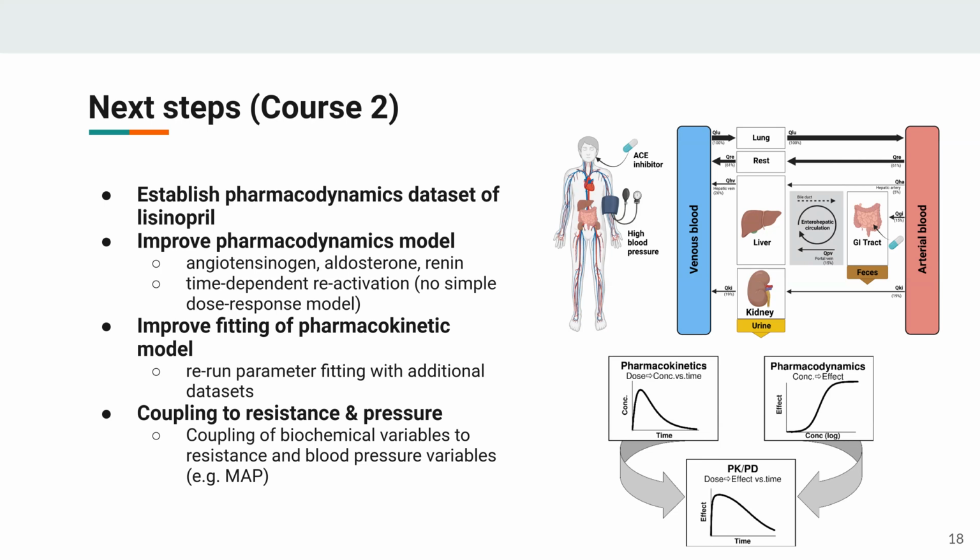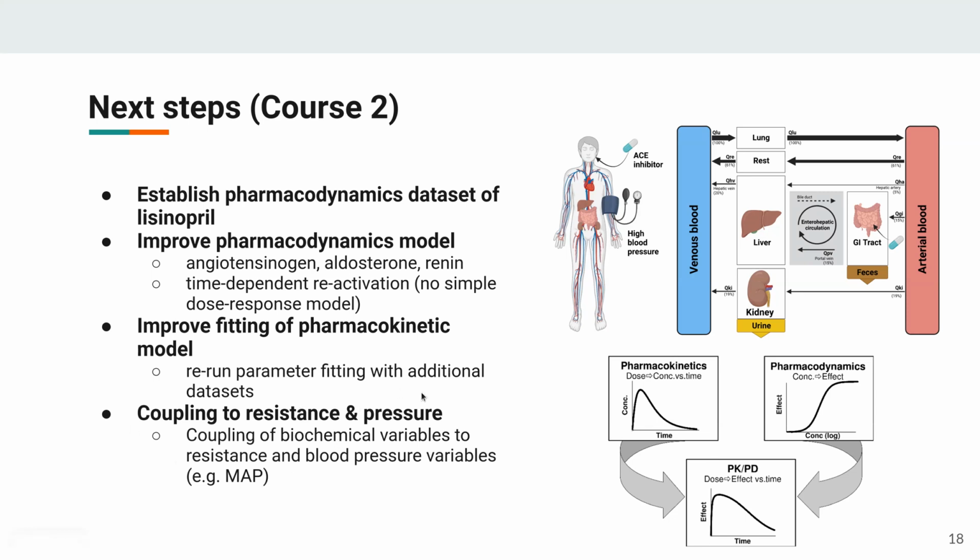Either you have a bit of lisinopril over the threshold, over this IC50, and then you have almost 100% inhibition, or you are under the threshold and then you don't have inhibition. So it's more like all or nothing. And then if we get this slow recovery, as soon as you give lisinopril, you have a lot of inhibition.